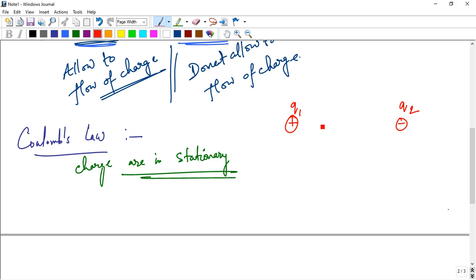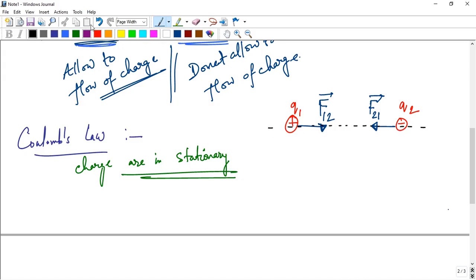Since they are unlike charges, there is a force of attraction. The force on q2 is towards q1, and the force on q1 due to q2 is towards q2. That is F1 due to 2 and F2 due to 1, directed towards each other because they are unlike charges.